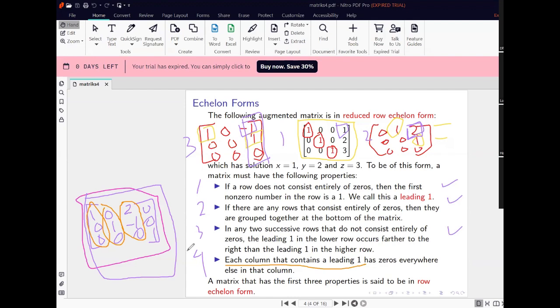The example is this matrix. Another example is also this matrix, which is also in reduced row echelon form.